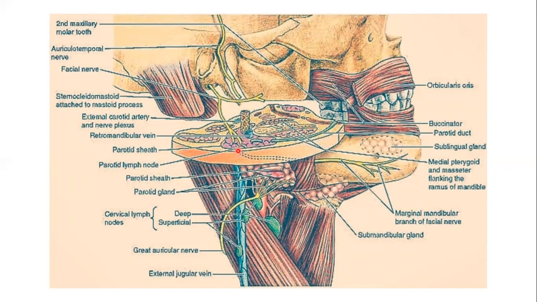The superficial part of the parotid sheath is very closely adherent to the gland, and one important aspect is that the deep lamina is attached to the styloid process and extends to the angle of the mandible. This was already discussed in my lecture on the mandible.